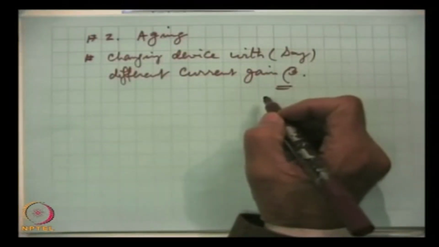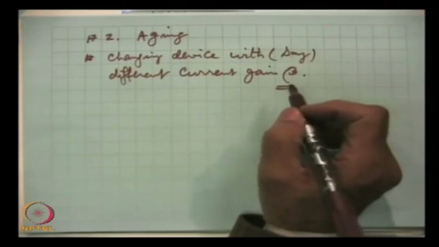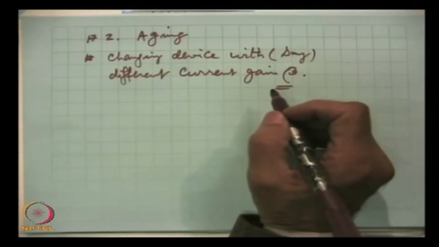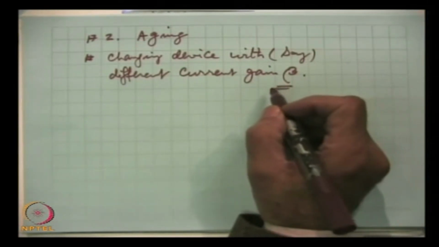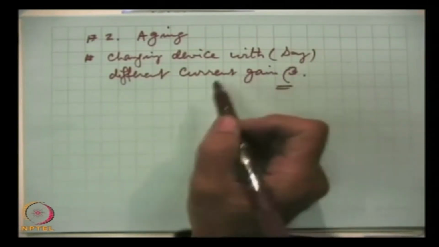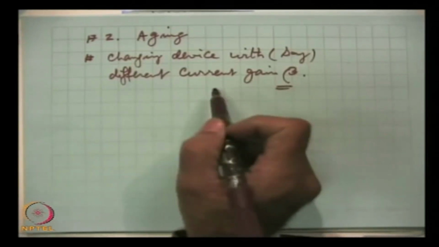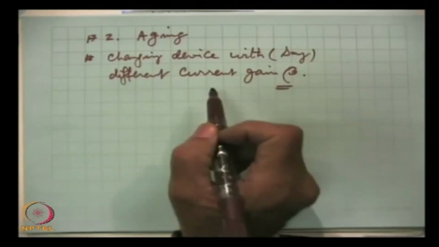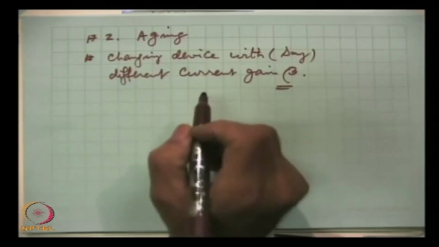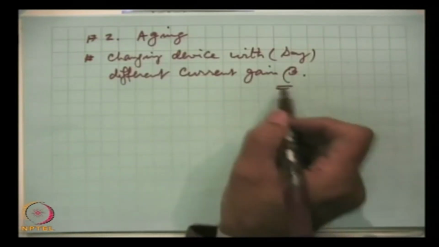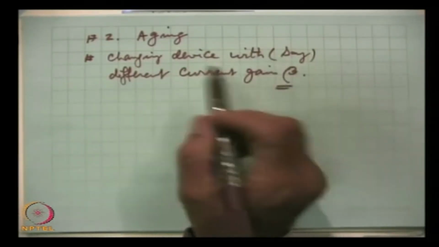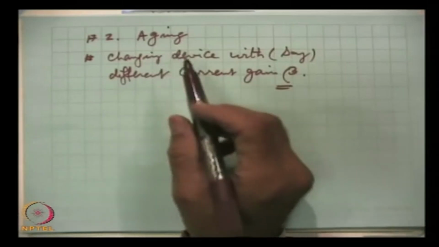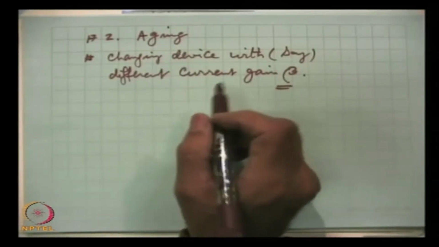Now, there is a wide variation of current gain beta in the same lot, the same number of transistors. If you look at the manual of the manufacturers, then actually they give a range of this beta instead of giving a single value. So, this may change the characteristics if the biasing network has not been designed properly.